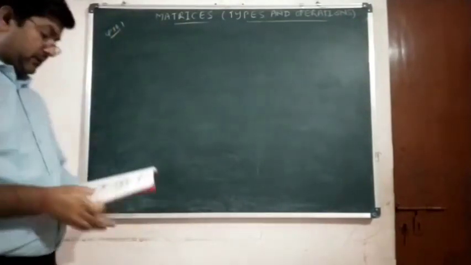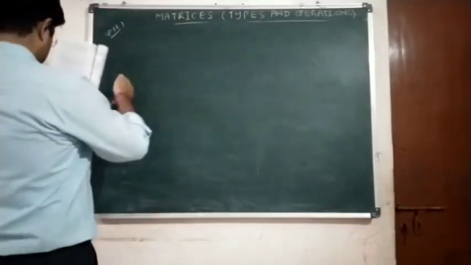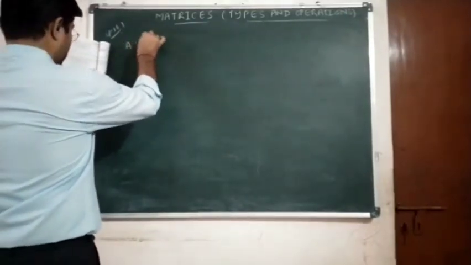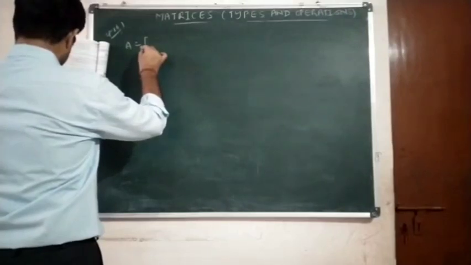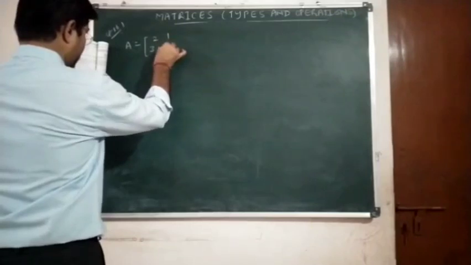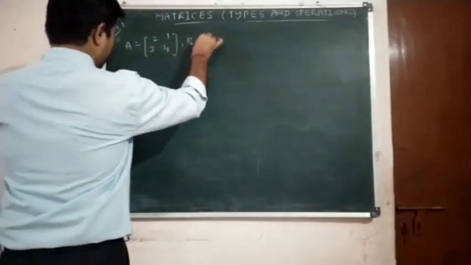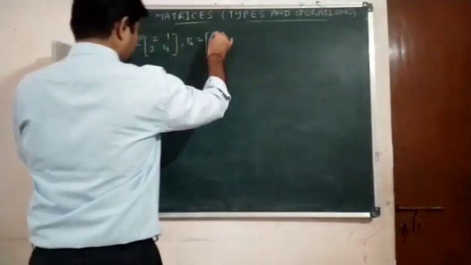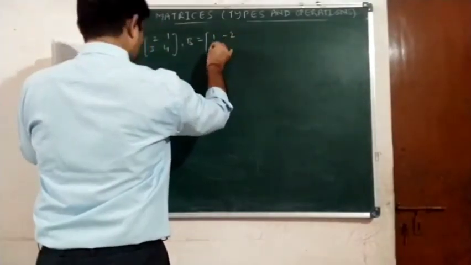Okay, in question number 16, matrices A and B are given. Matrix A is a matrix of order 2 by 2, 2, 1, 3, 4, and matrix B again is a matrix of order 2 by 2 only.